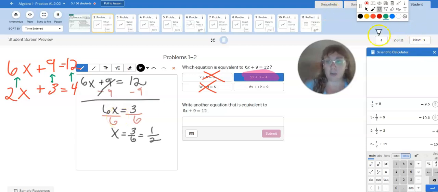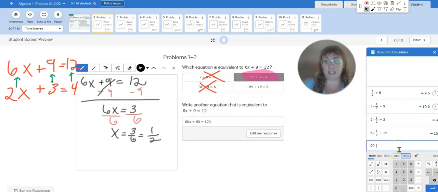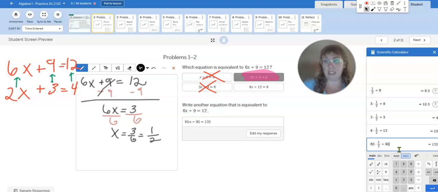So another equivalent statement could be, well, let's take this equation and multiply everything by 10, right? 6x times 10 is 60x. 9 times 10 is 90. 12 times 10 is 120. So that would work. Like 60 times 1/2 plus 90 gets us 120. So there's slide 2, looking at those equivalent equations.